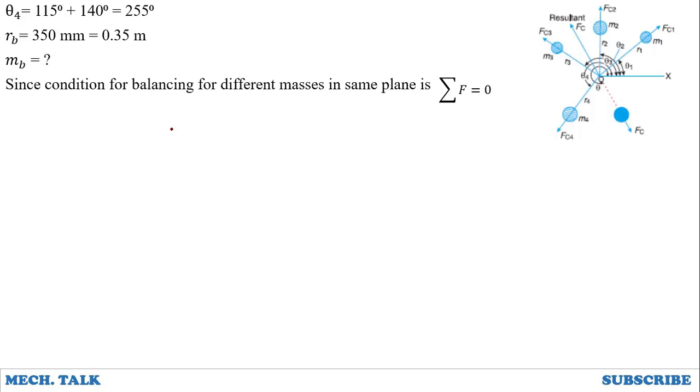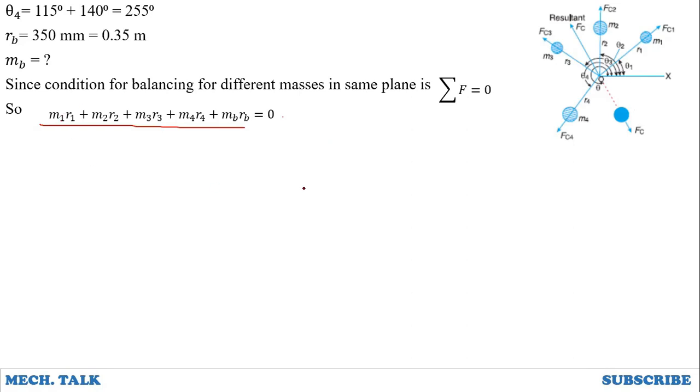So by applying this equation, m1r1 plus m2r2 plus m3r3 plus m4r4 plus mbrb is equal to 0. Since all the masses are at different angular positions, we will resolve all these forces in the horizontal and the vertical direction.